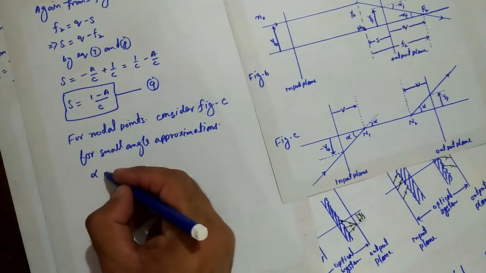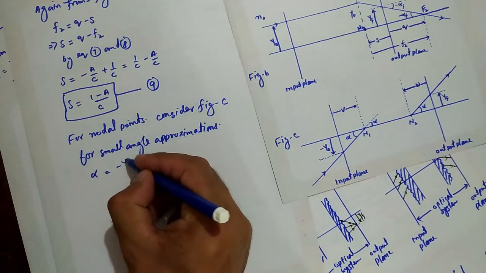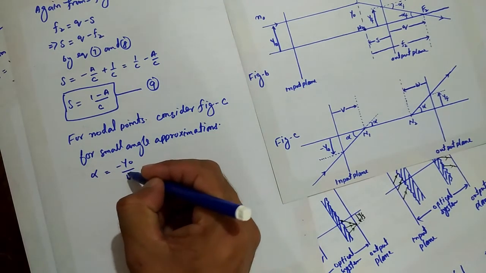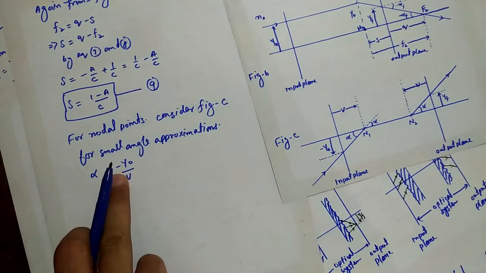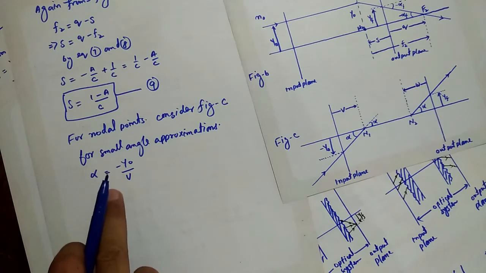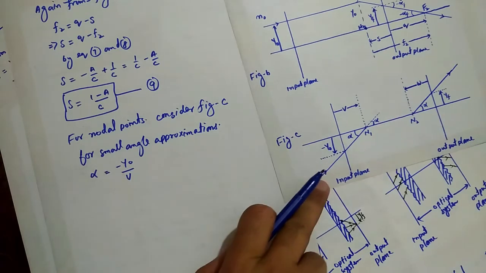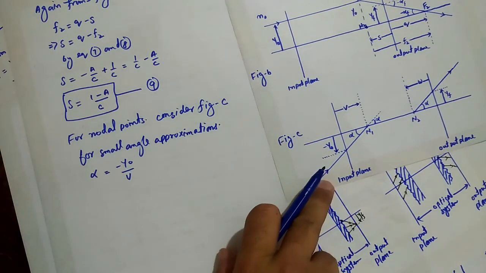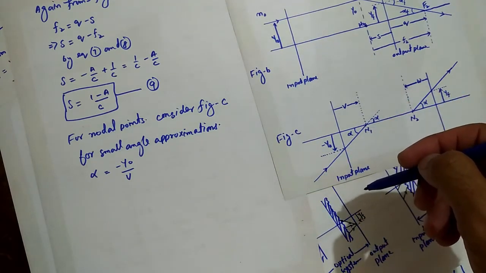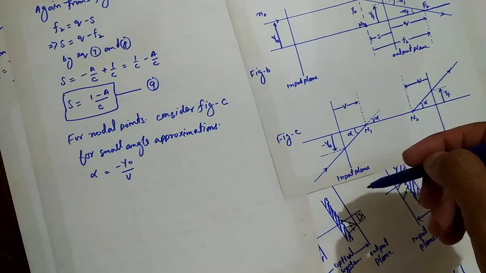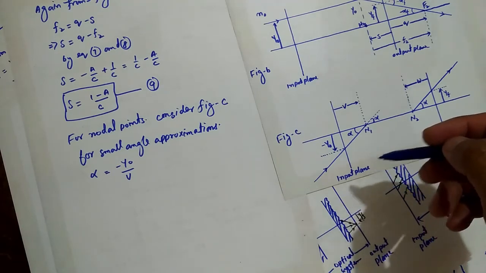So this alpha will be equal to minus y naught over v. Clear? Here the negative sign with y naught indicates that the ray intersects the input plane below the axis. Also the input and output rays make the same angle relative to the axis.